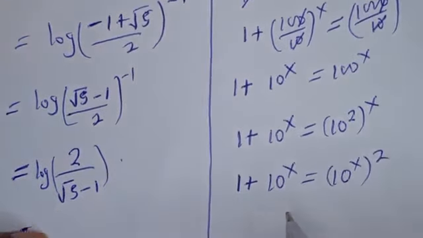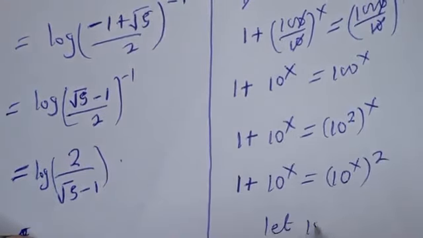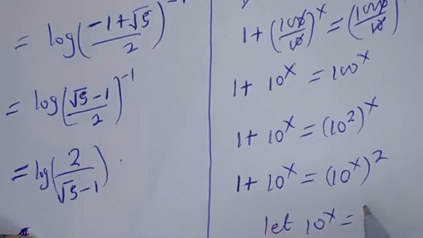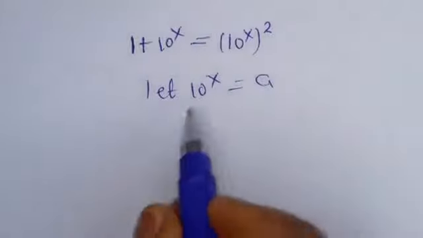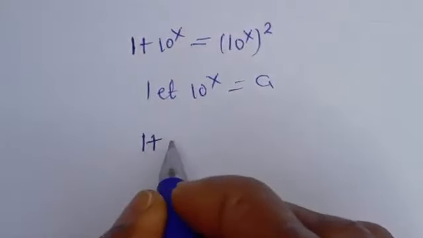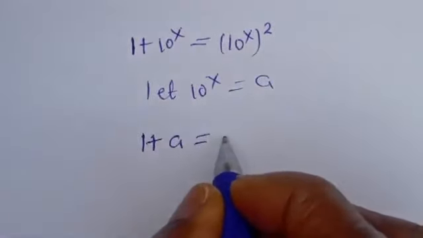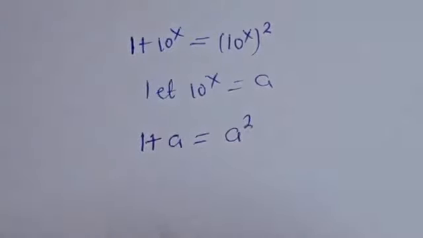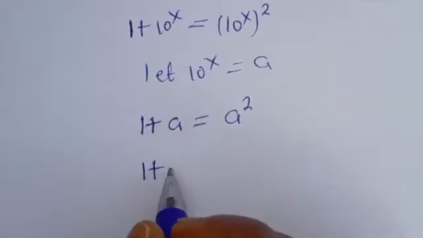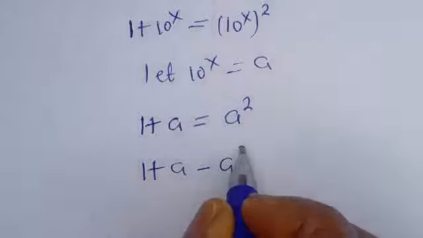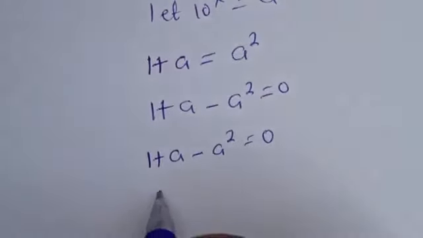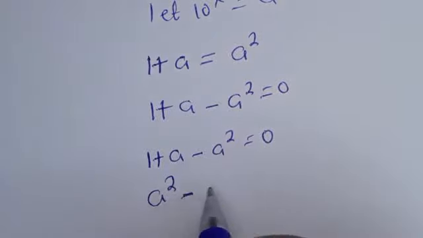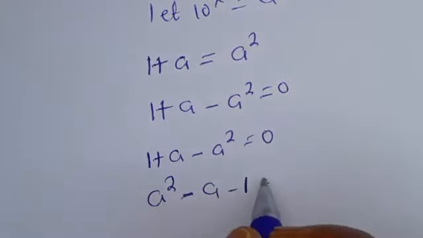Now let 10 to the power of s be equal to a. Then we have 1 plus a is equal to a squared. Now we have 1 plus a minus a squared is equal to 0. Then let's rewrite this. We have a squared minus a minus 1 is equal to 0.